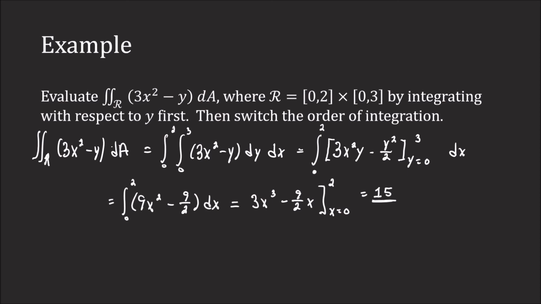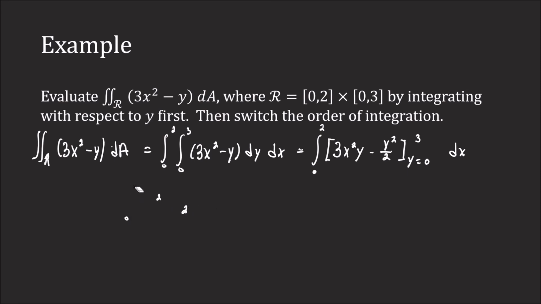So now we're going to go ahead and flip the order. So we're going to integrate first with x, then with respect to y. So let's just get rid of all of this. So it'll be dx dy, and then of course I have to change the bounds as well.